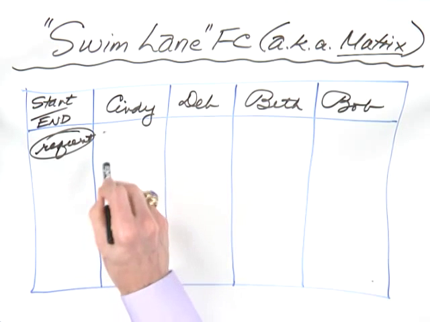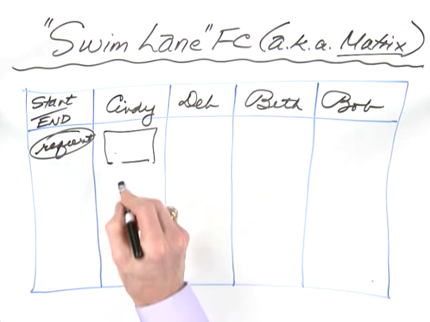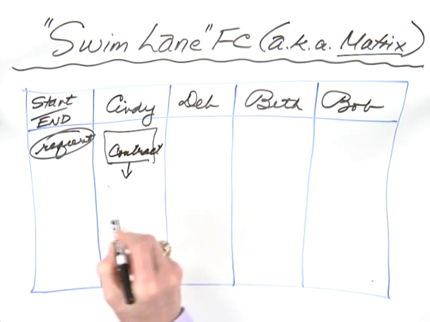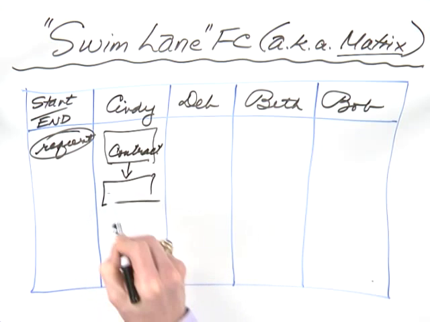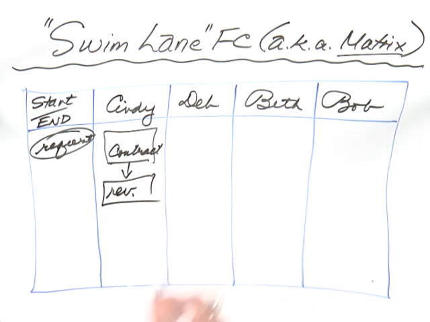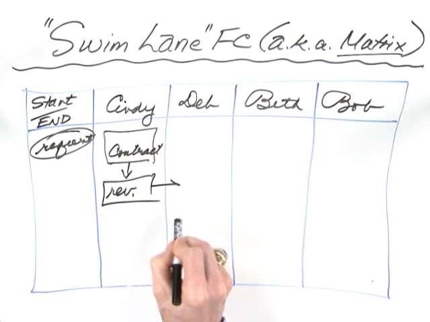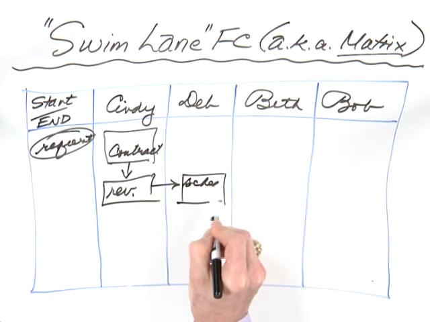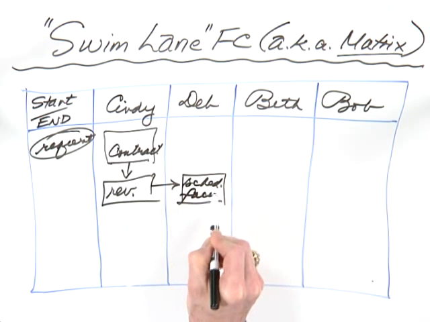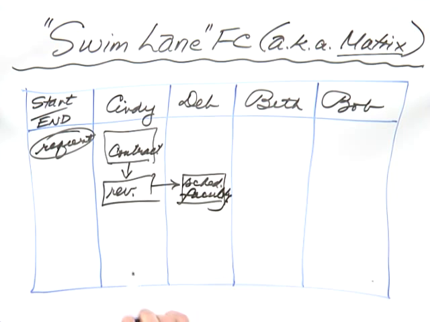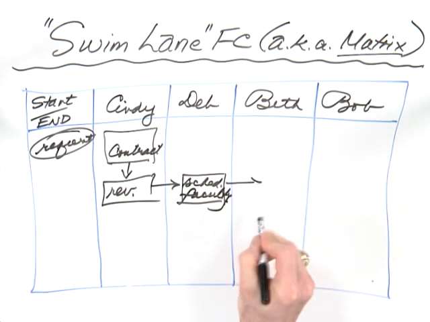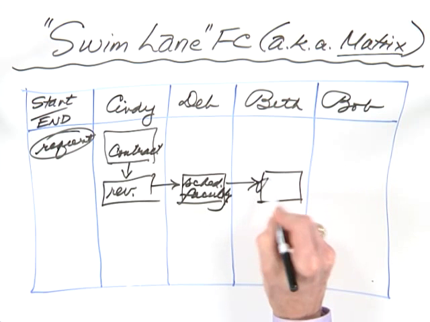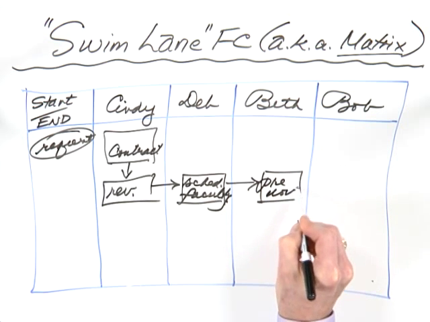Cindy gets the request and develops a contract. She then gets that contract reviewed and approved by the requester. After it's approved, it goes to Debbie, who's going to schedule the class and align faculty with their schedules to be able to teach that program. What happens next is that Debbie contacts Beth, who sends out the pre-work to the participants.